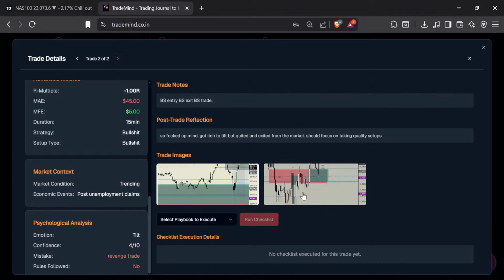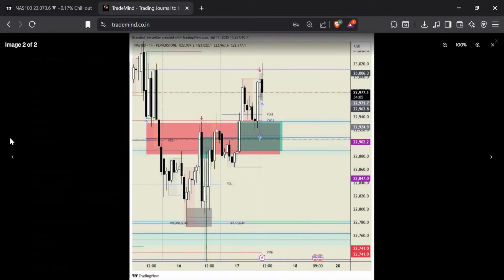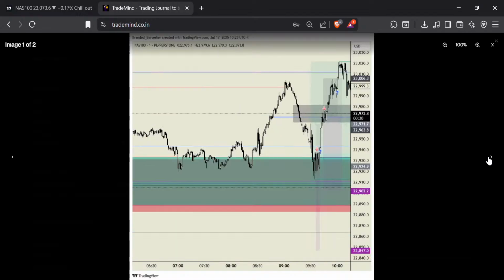But the next setup, I mean the next trade I took, is completely out of my setup, because if you can see in this area, I went short again at this area, because this is not what I'm supposed to do, because this London high and this London low has been already taken out. So I'm not supposed to do anything at this point.